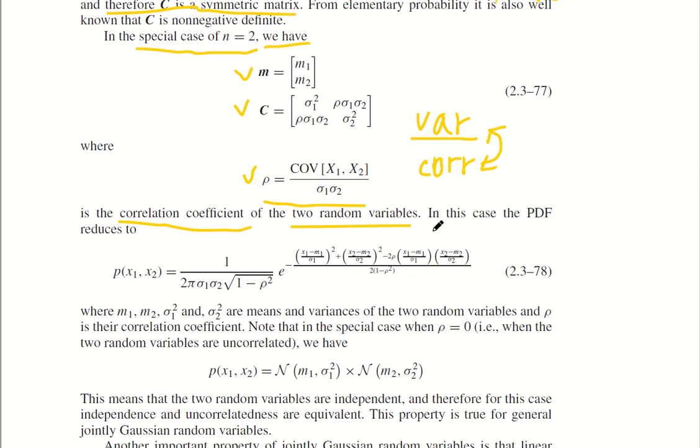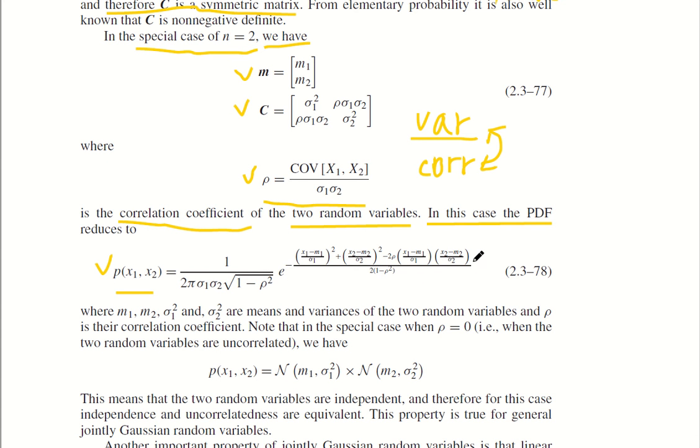And in this case, the PDF reduces to p(x1, x2). I believe it's easy that we can write this out. The PDF reduces to p(x1, x2) equal to 1 divided by 2 pi sigma 1 sigma 2 square root of 1 minus rho square, times the exponent of this.